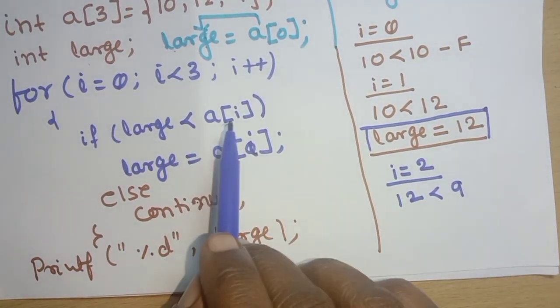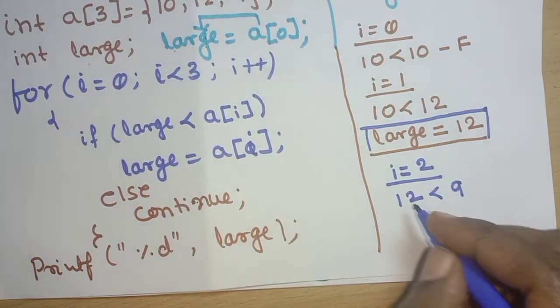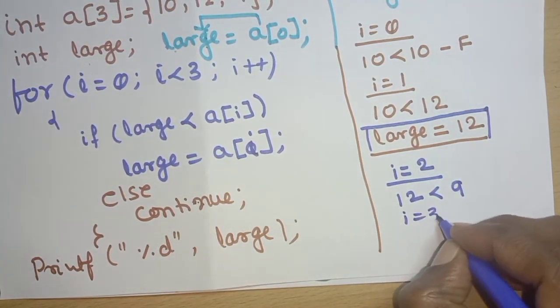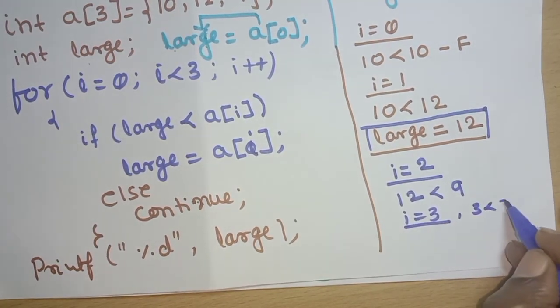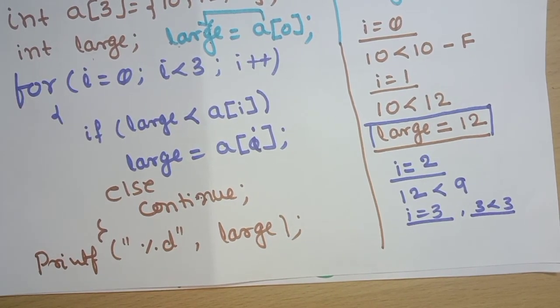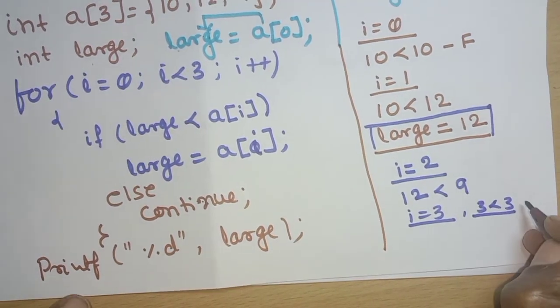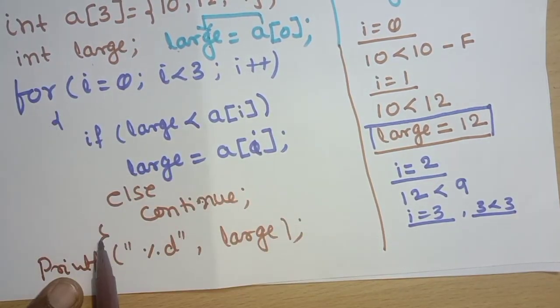Now i is incremented, that is 3. Your condition is 3 less than 3. Is the condition true or false? It is false, 3 is not less than 3. When the condition is false, this whole block of the for is not going to execute.